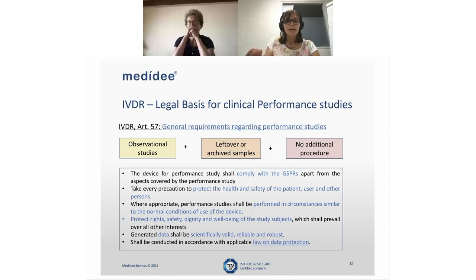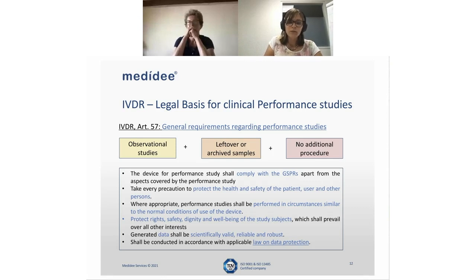In other words, the IVDR under Article 57 lists all the general requirements regarding performance studies, and these general requirements are applicable to all clinical performance studies. Then afterwards, for certain types of studies, additional requirements need to be fulfilled.